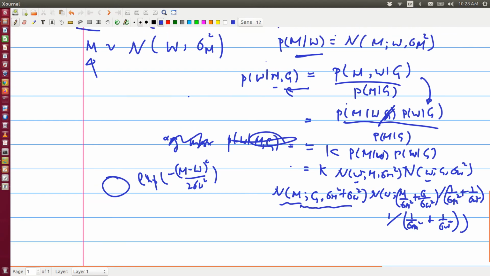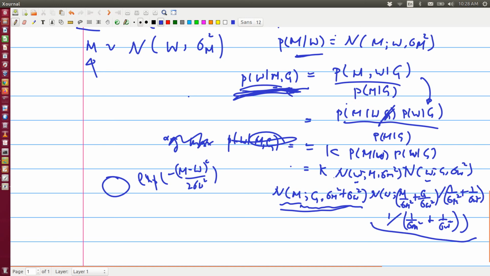But for this expression here on the left hand side, if you integrate over W, it should normalize to 1. And this part here does not depend on W, but this part here, if I normalize over W, also normalizes to 1, because it's a PDF just on W. So therefore we see that this is actually equal to this guy.